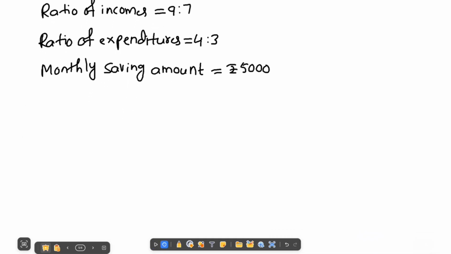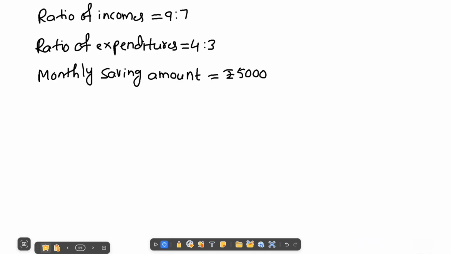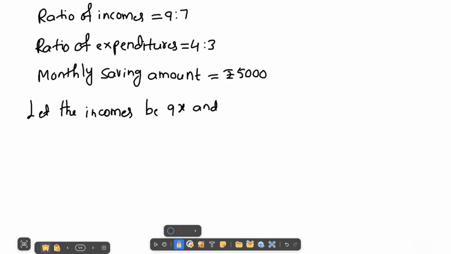Right. So here the ratio of incomes is given. Therefore let the incomes of the two persons be 9x and 7x, where x is the highest common factor for these incomes.